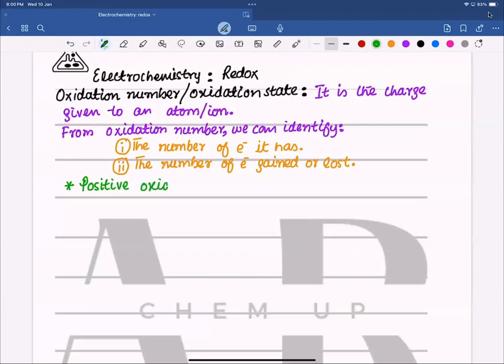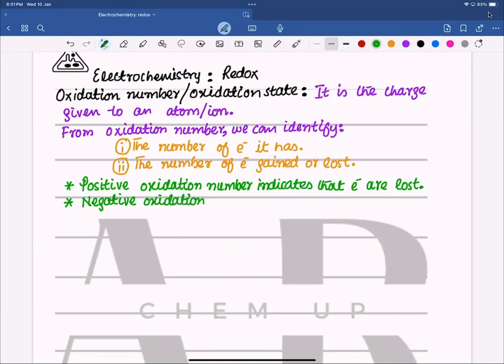Positive oxidation number indicates that electrons are lost, and negative oxidation number indicates that electrons are gained.